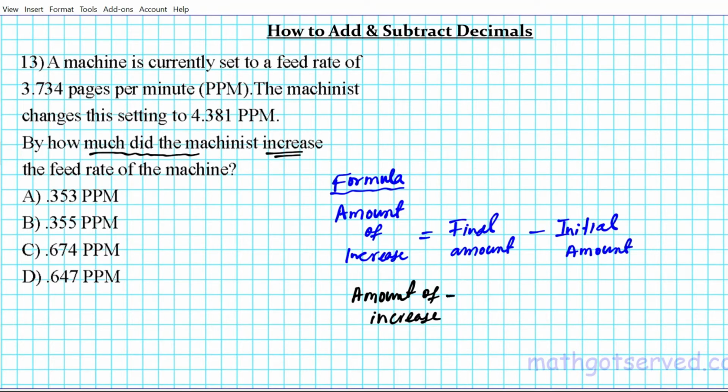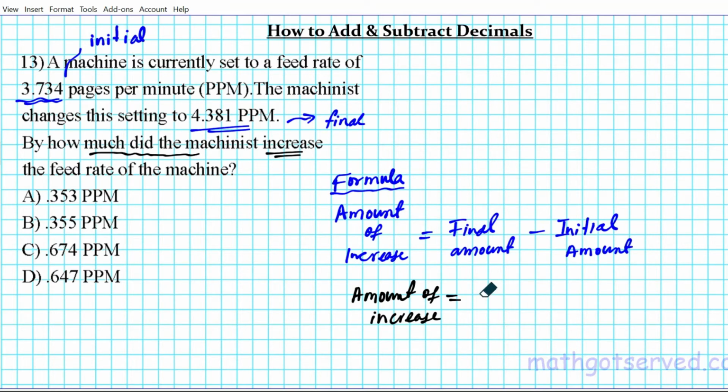All right, so what was the final amount after the change happened? After the change happened, the new feed rate was 4.381. So this is your final rate, okay? And then your initial rate was 3.374. So this is your initial. So if we subtract these two, we will be able to get the answer.